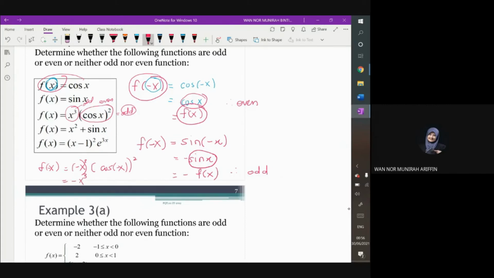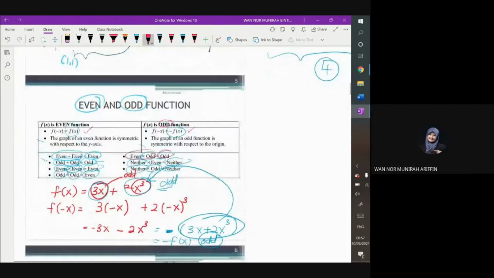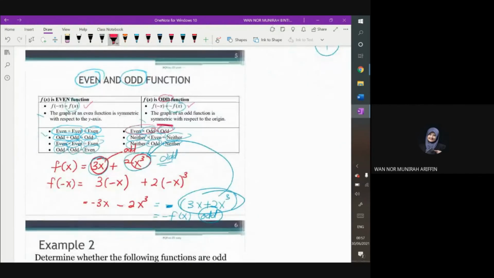Cos negative will always be positive, so cos x square, still the same thing. So now this one is actually negative of original function f(x). Negative of original function equals odd function. So this statement is true.